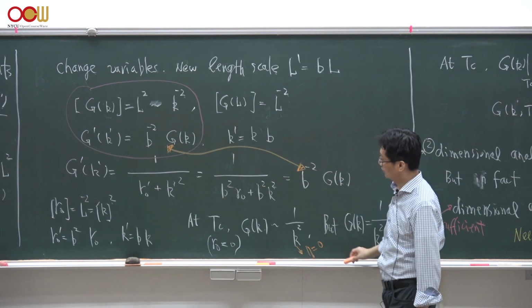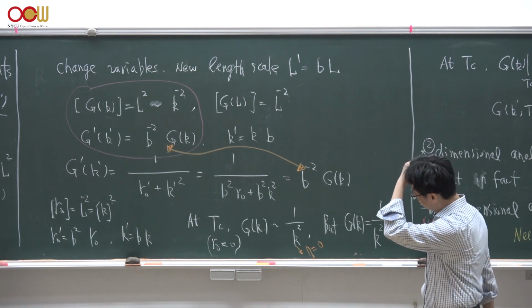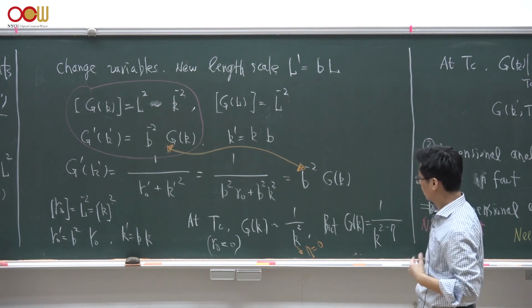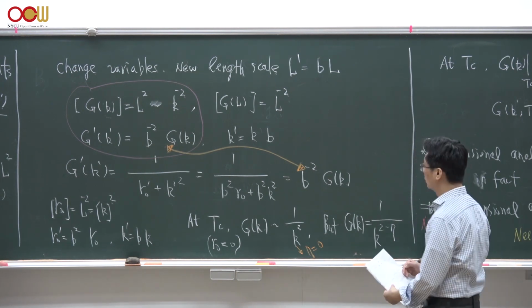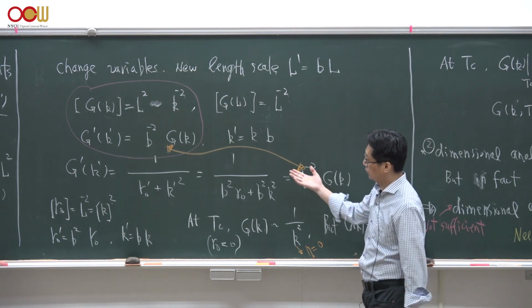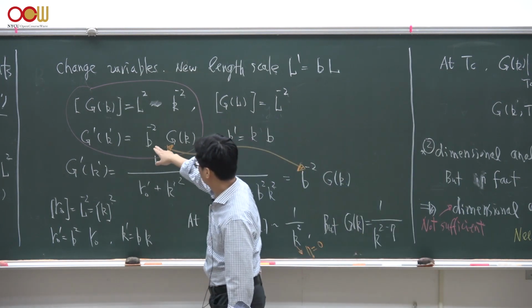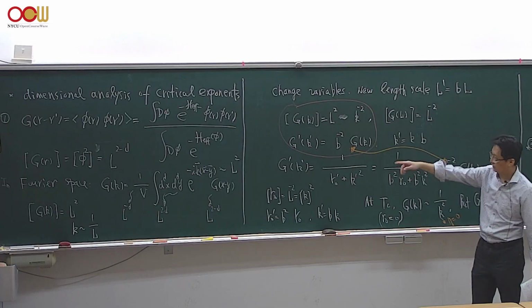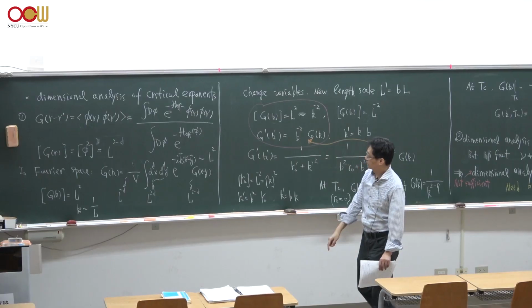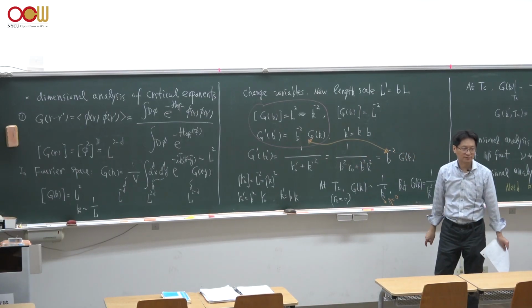So this relation coming from the dimensional analysis of R0 and K of our previously obtained Green's function in K space is actually identical to the simple relation that comes from the dimensional analysis of the Green's function itself.